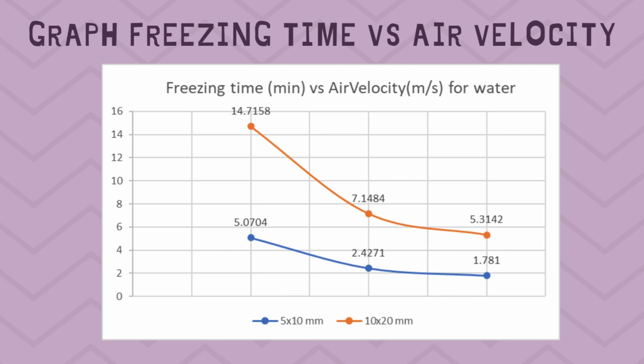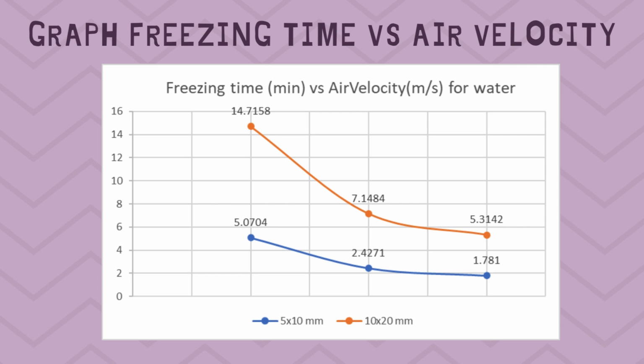According to the data we acquired, the freezing period for water with a 5 mm by 10 mm size is 5.0704 minutes when the air is traveling at a speed of 1 meter per second, and it is 2.427 minutes and 1.787 minutes when the air is moving at 5 meters per second and 10 meters per second respectively.